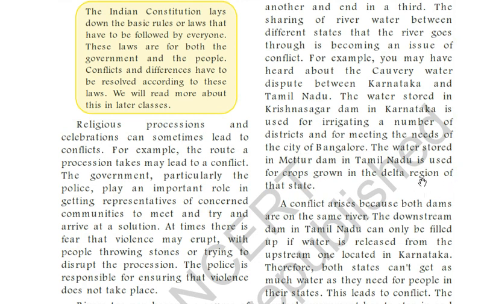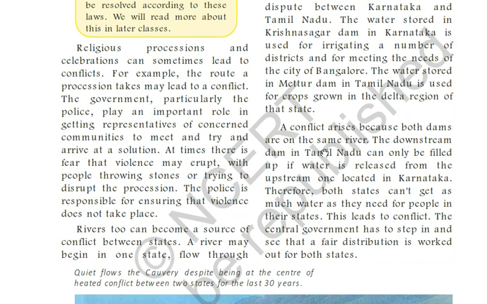A conflict arises because both dams are on the same river, and the downstream dam in Tamil Nadu can only be filled up if water is released from the upstream one located in Karnataka. Therefore, both states can't get as much water as they need for people in their states, and this leads to conflict.